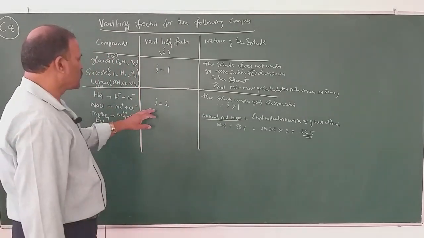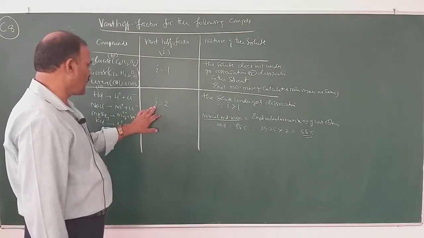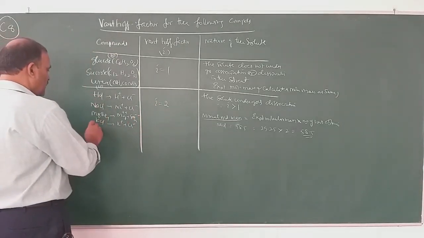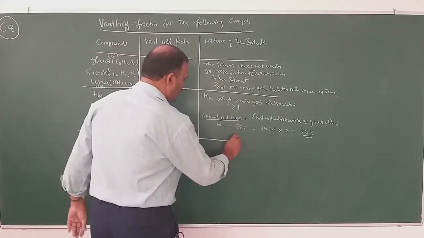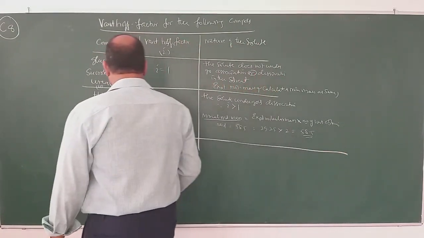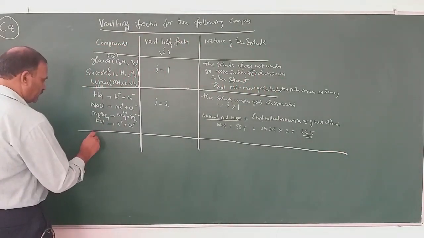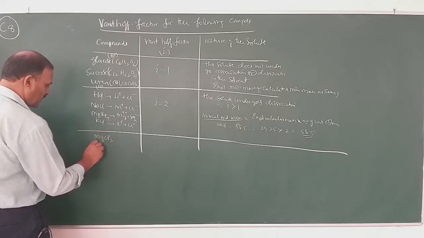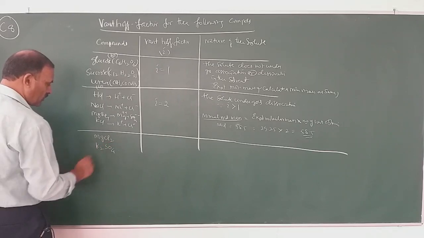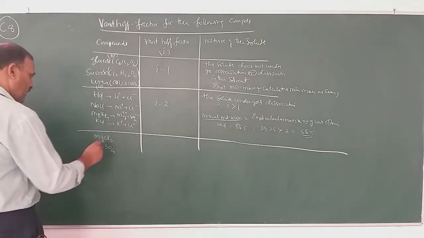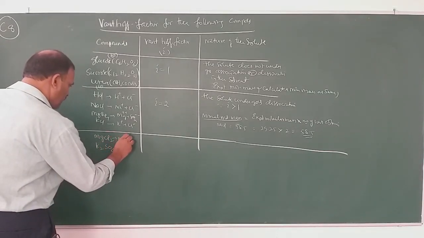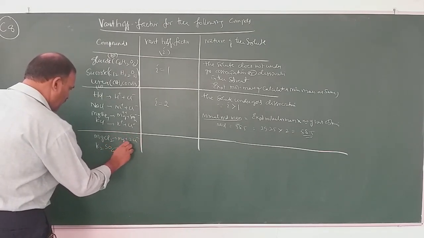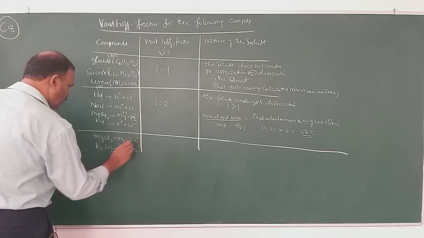So for solutes which undergo dissociation, i is always greater than 1. So these are the i values for these compounds. For example, MgCl2, K2SO4, etc. So you will get Mg 2 plus, 2 Cl minus; 2 K plus, SO4 2 minus.